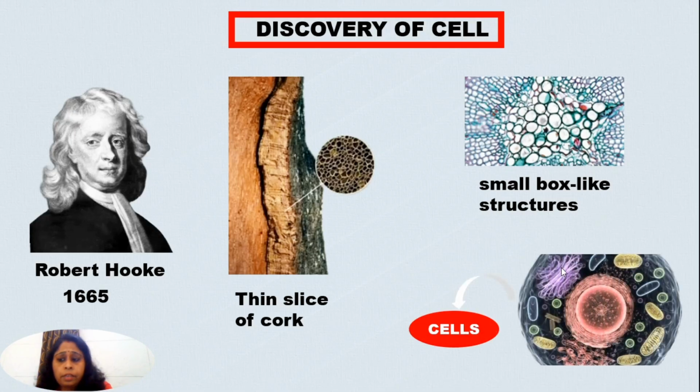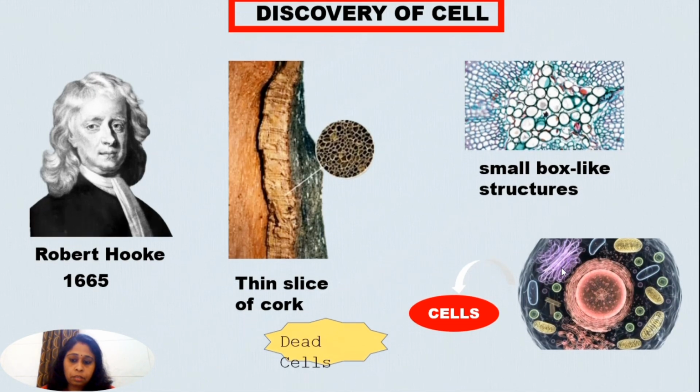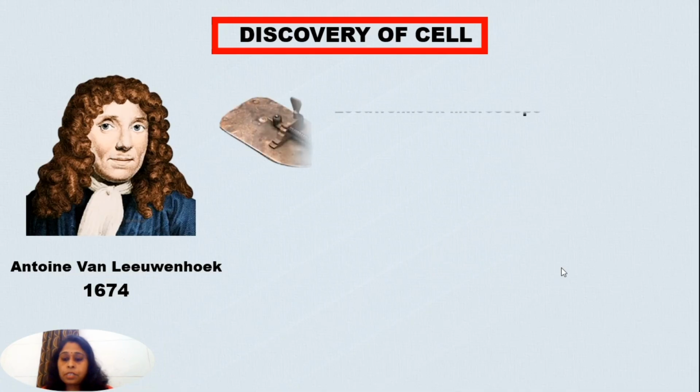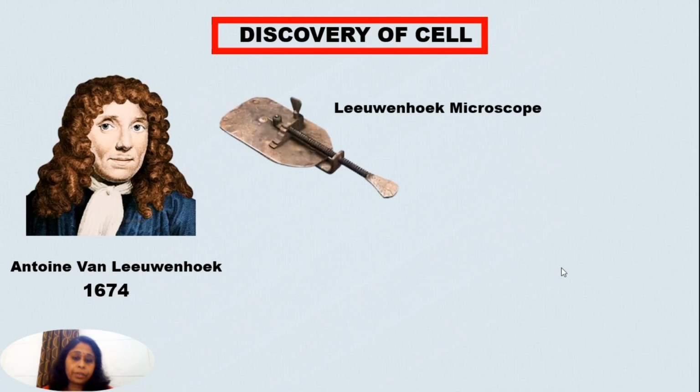Therefore, he named these structures cells. The cells observed by Robert Hooke were dead cells because cork is obtained from dead plant tissue.